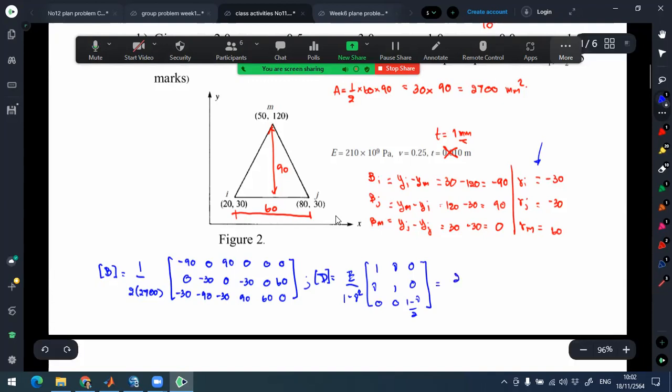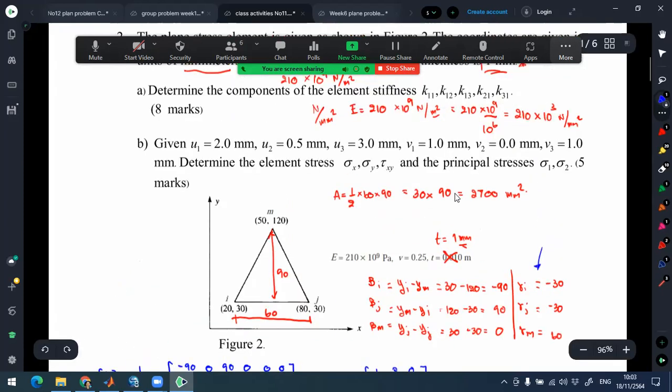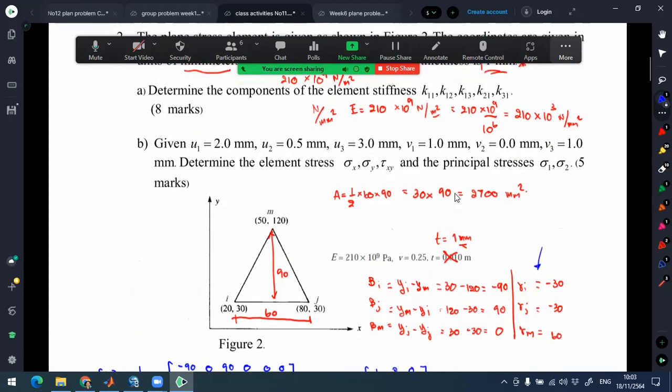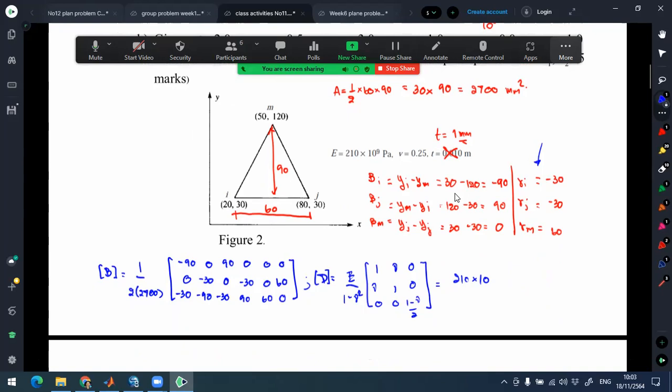Then we have E equal to 10 power 3, right?